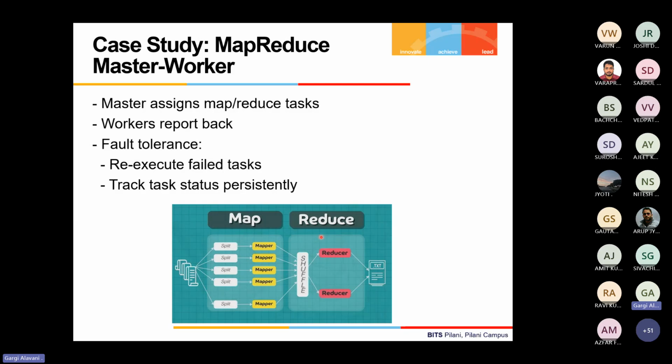You have a mapper which will take input data, process it, and create some key value pairs. Then the reducer, which you can see in this figure, will take the output from the mapper, aggregate the data, and produce the final output.